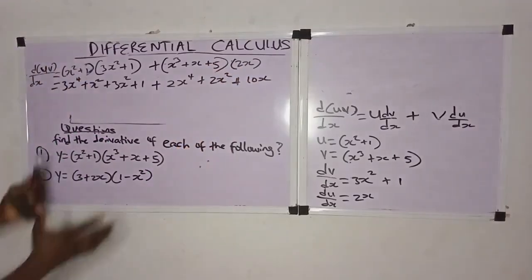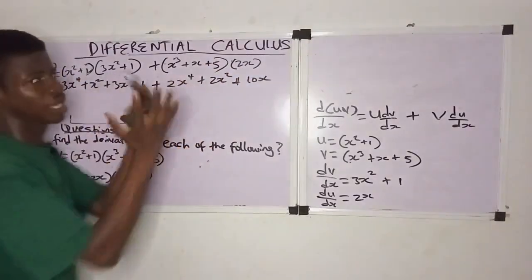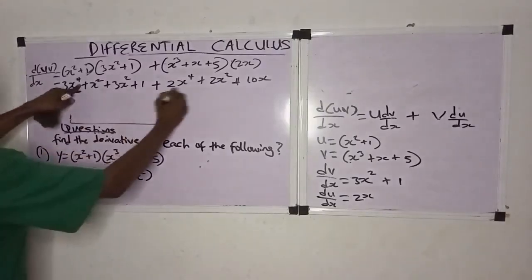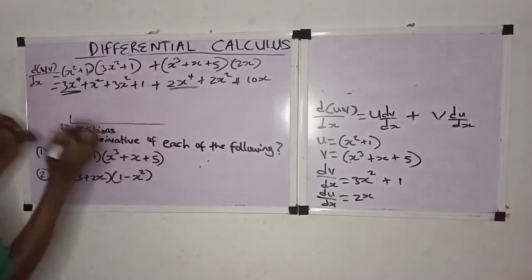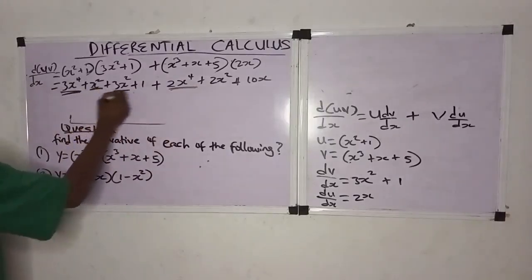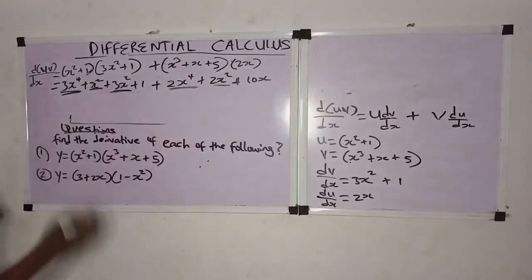Yes. So what I'm going to do is add the ones that are common to each other. Look at it: 3s raised to power 4 and 2s raised to power 4 are common, right? Then which other things are common? s squared, 3s squared, and 2s squared are common, right?